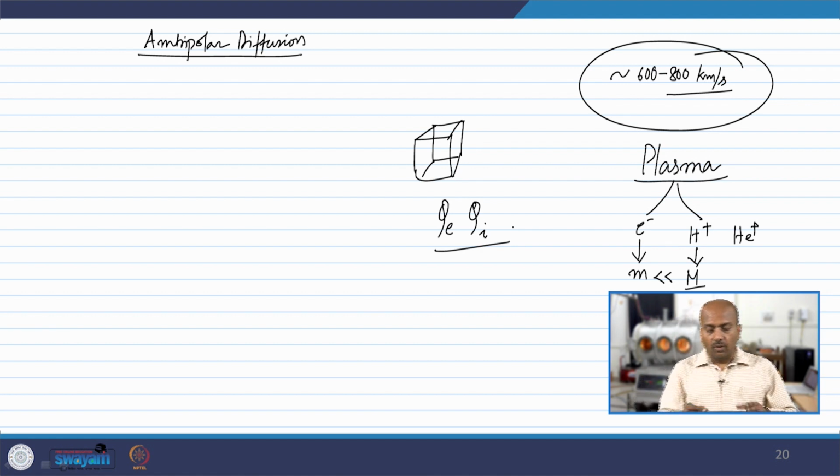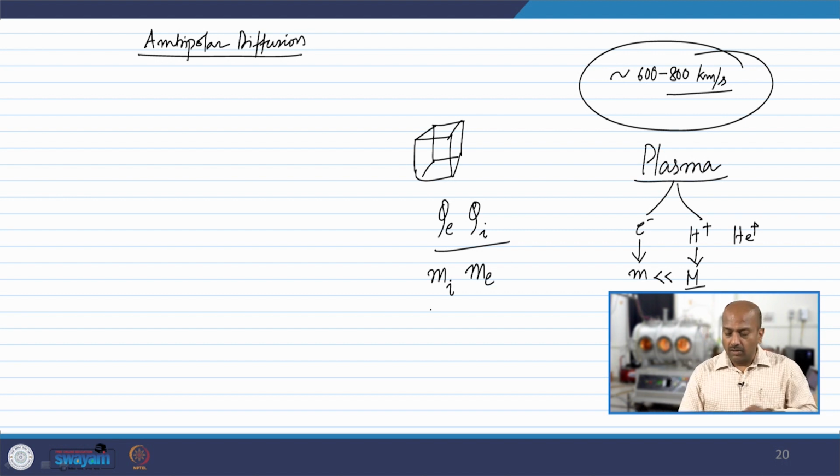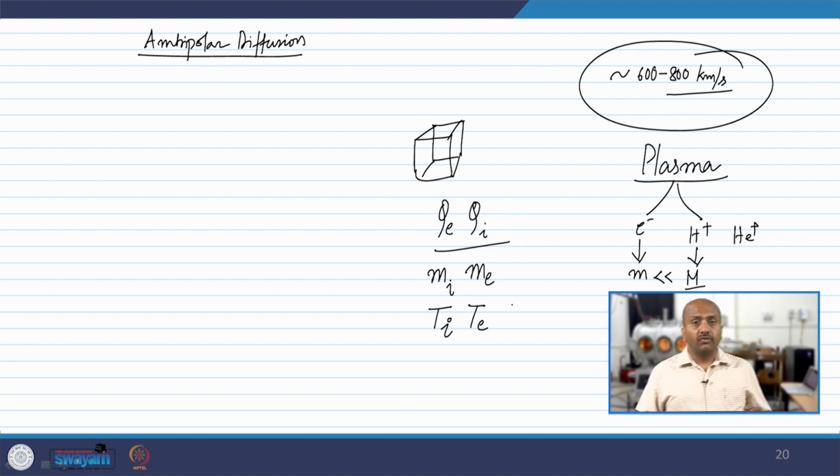Now, obviously, in order to make a difference between the heavier mass and lighter mass, let us also bring in all other variables me, mi, the masses of electron and ion. Since we are used to using the notation of temperature being different for electrons and ions, the temperature difference makes more sense in a diffused plasma or in a weaker plasma, right.